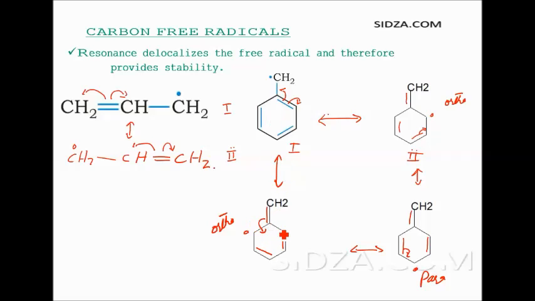A double bond is inside the ring, and you get the free radical over here, which means that if you attach a benzene ring, the free radical gets delocalized over ortho, para, and the other ortho position. So one benzene ring provides 3 more canonical structures. So total number of canonical structures for this one is 4, right?